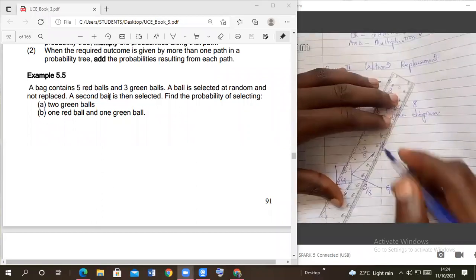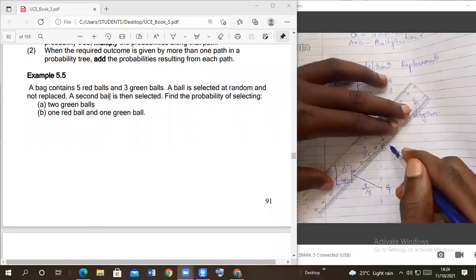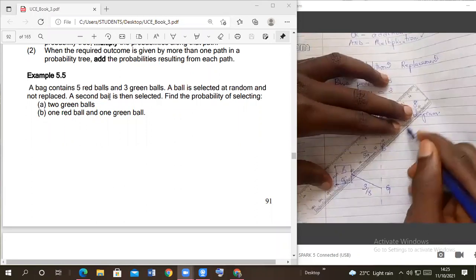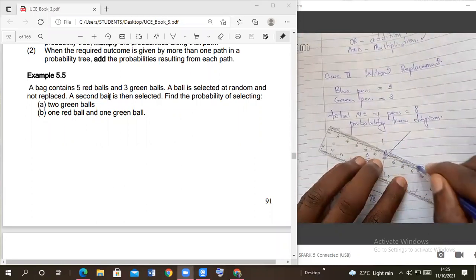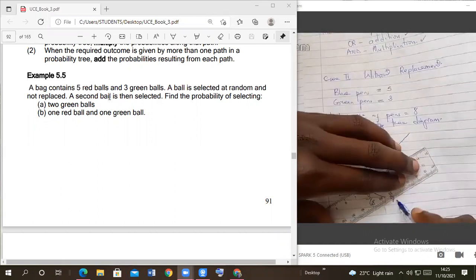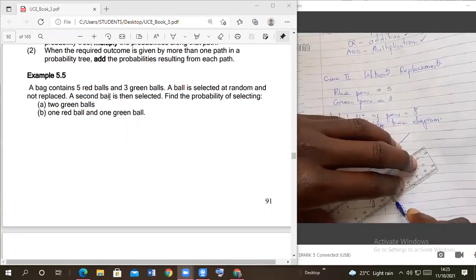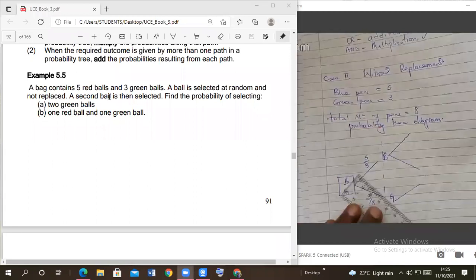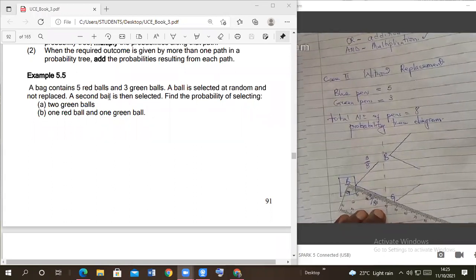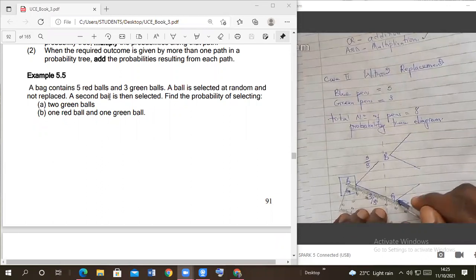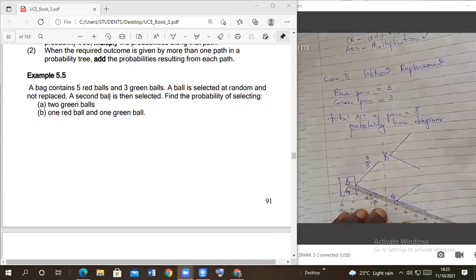Now the second one, because they told us the pens were picked twice, in the second picking it will be like this. Make sure you are smart in your work. Draw a good one. Like that.